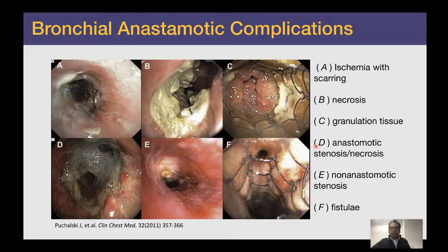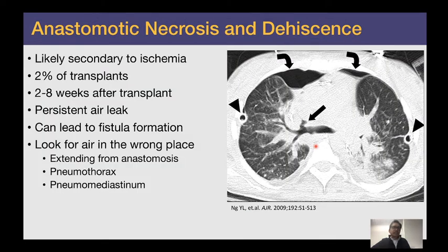Okay. However, anastomotic necrosis and dehiscence is something that we can see early, and we can diagnose early, even prior to bronchoscopic diagnosis. Okay, and this is basically coming apart of the anastomosis, and it's probably secondary to ischemia, because the bronchial arteries are not anastomosed.